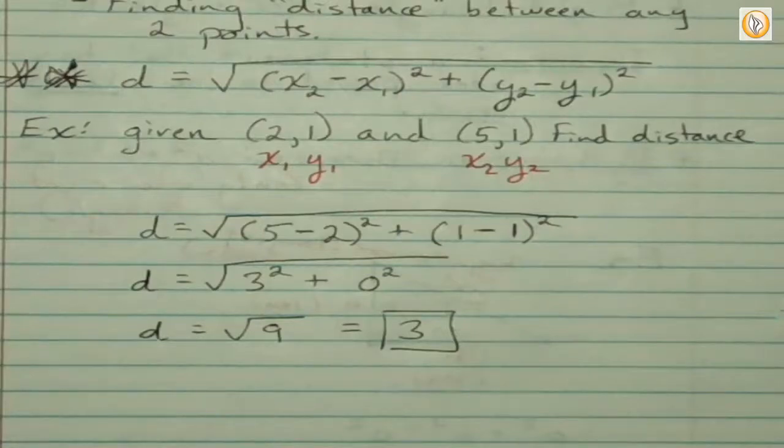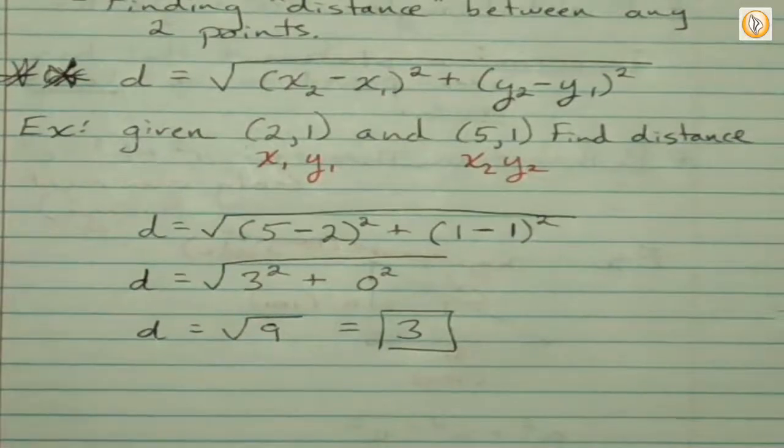This is plugging in information and just doing some basic math. You're not having to sit there and do a whole lot of weird, like, is it simplified? Is it not? What do I do? For this particular one, you could just subtract 5 from 2 and get the same answer. Okay. Subtract the x's. Any questions?